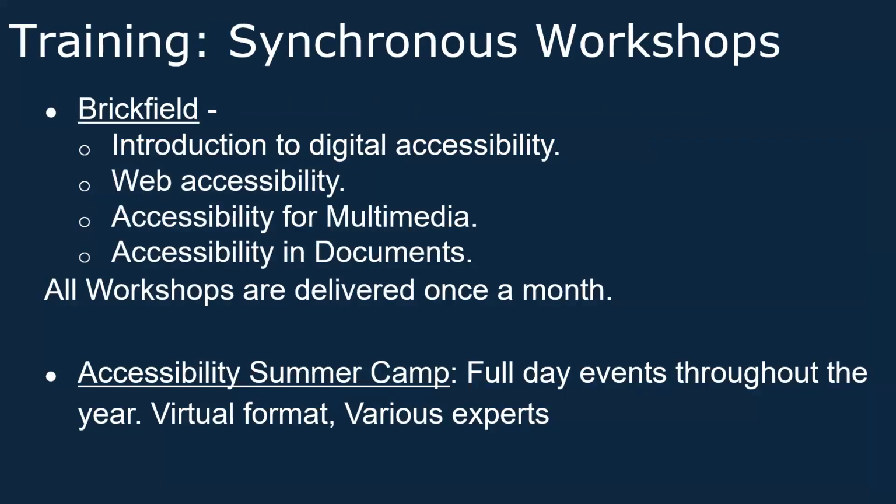And because of that, one of the interesting things we did was we did lots of synchronous workshops and different 4 modules on accessibility, web, multimedia accessibility, and document accessibility. And we deliver these ongoing synchronous and asynchronous for our clients. And of course, this accessibility summer camp's another example of the synchronous kind of workshops, although ironically, this is a pre-recorded session.